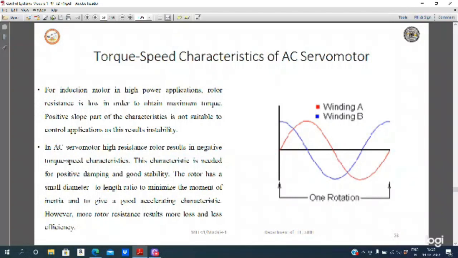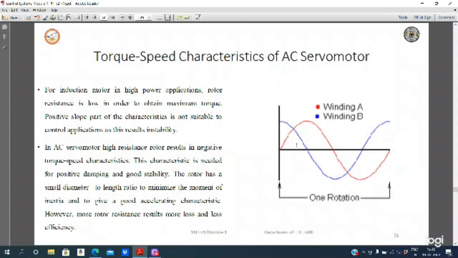So in an AC servo motor, a high resistance rotor results in a negative torque speed characteristic. This characteristic is needed for positive damping and good stability. The rotor has a small diameter to length ratio to minimize the moment of inertia and give a good accelerating characteristic. However, more rotor resistance results in more losses and less efficiency.